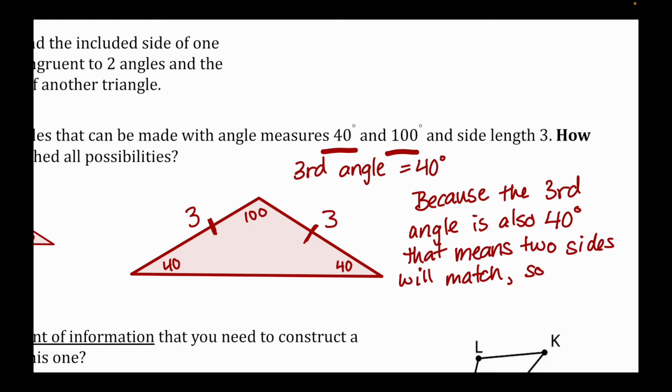So the 3 is either the sides or the base. That's going to be my explanation.